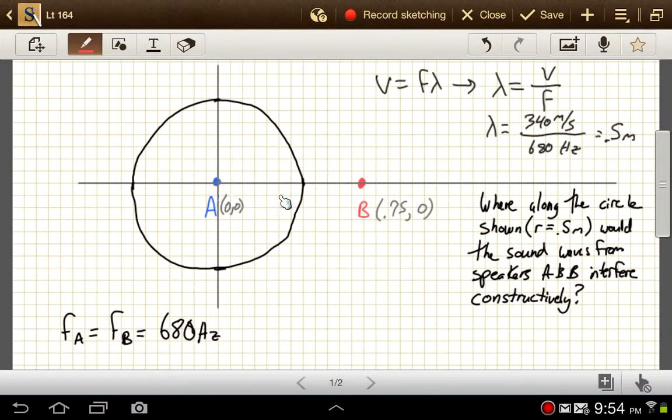So all the points on this circle are 0.5 meters away from A. Anything that's 0.5 meters away from B also would have to lie on another circle that has a radius of 0.5 that goes around B. So maybe something that looks like this.